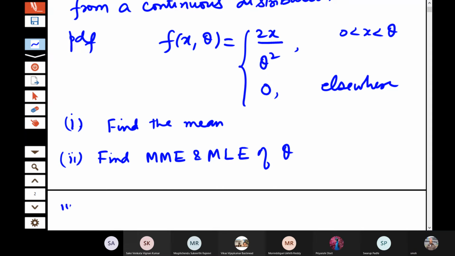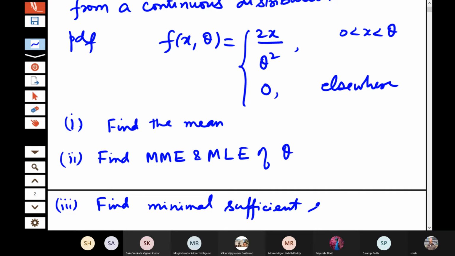Find the minimal sufficient statistic. We can give some name to it, so we can call the minimal sufficient statistic, say, Y.